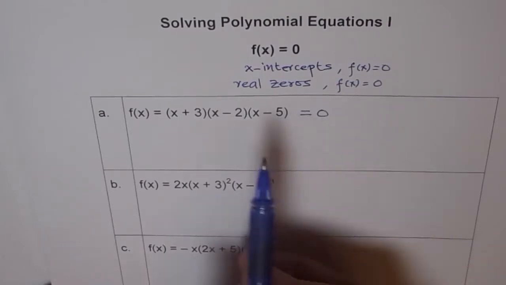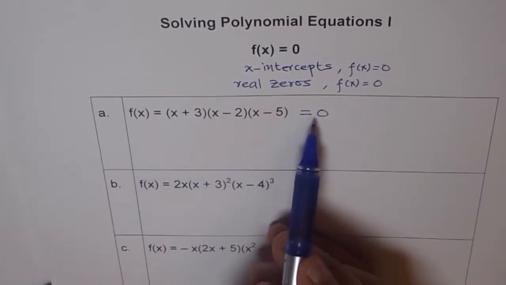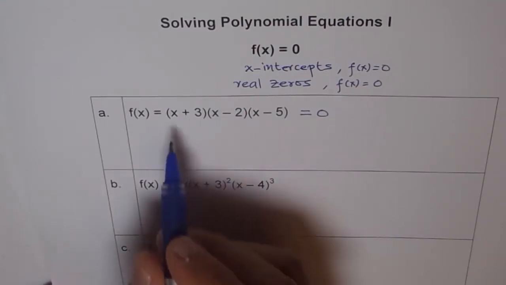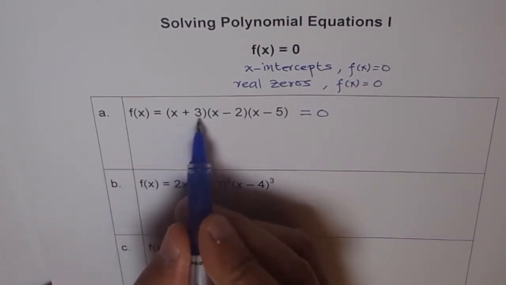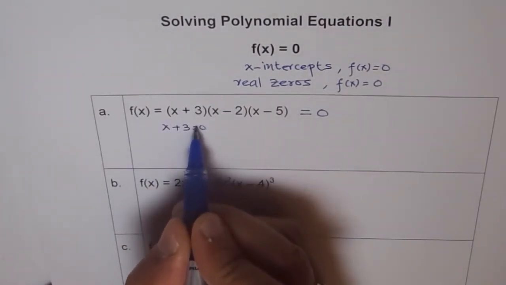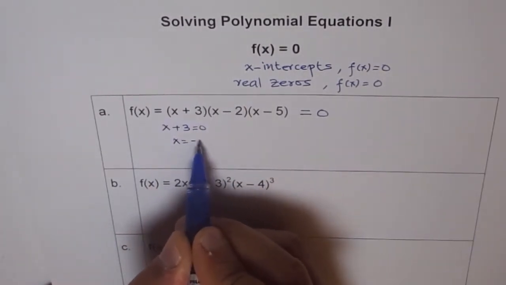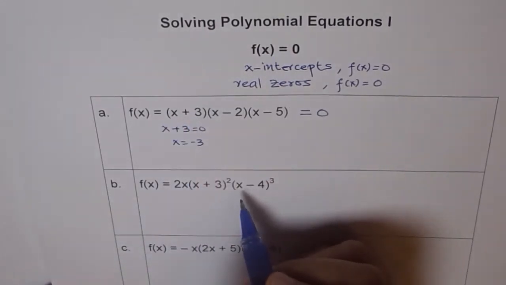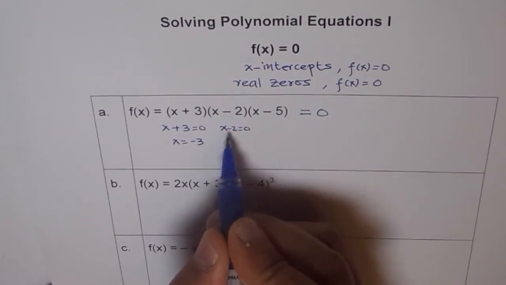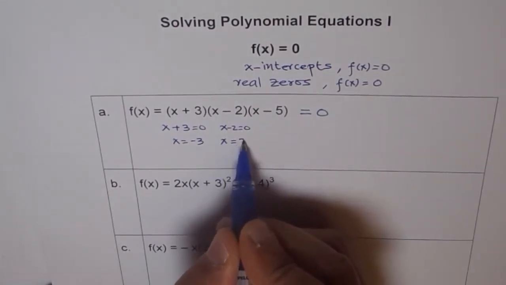Okay. Now, when will this be 0? This could be 0 when these factors could be 0. So equate them one by one. So we say x plus 3 equals 0. Solve for x. So that means x equals minus 3. That is my first value. Now here I can say x minus 2 equals 0. That means what? x equals 2.